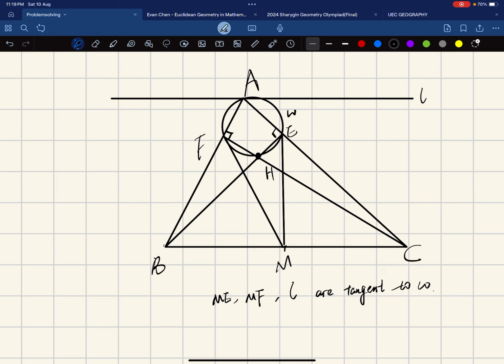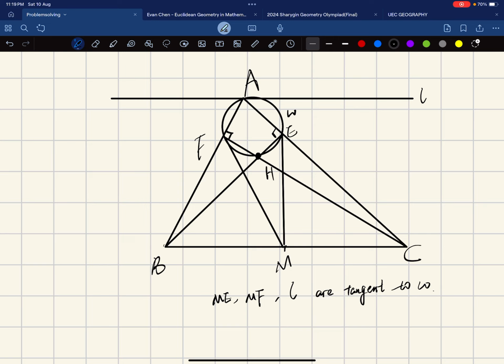Because H is the intersection of BE and CF, the altitudes of the triangle ABC, H is the orthocenter of the triangle ABC. Then we can easily have H lies on the circle omega, right?